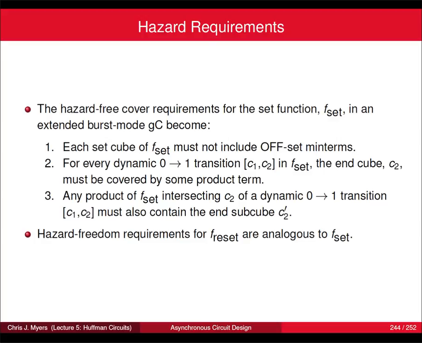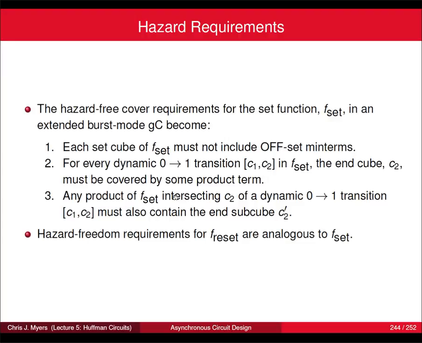It's exactly the same as 0 to 1, but because you're setting it to 0, the end subcube, which is the 0, needs to be covered by some product term. So you have to cover the 0 in that case, because it's like covering zeros when you're doing a dual function.